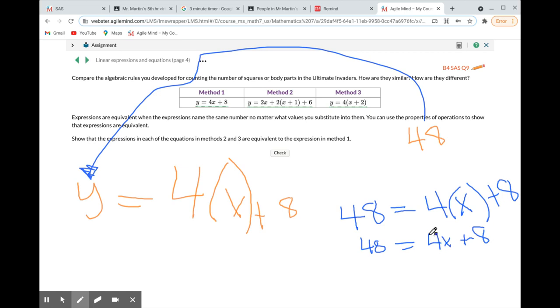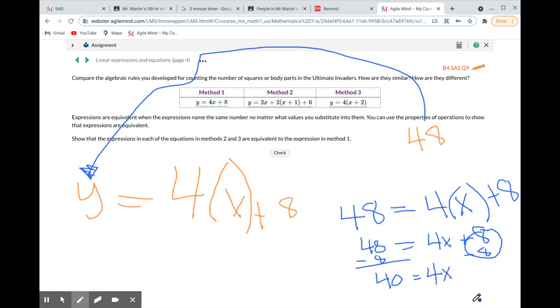What would make 4x be by itself? What would 8 have to become? A negative? Yeah, we're going to have to add -8 to it so that it becomes 0. But if we do it to one side, we got to do it to the other. And so we're left with 40 equals 4 times x.